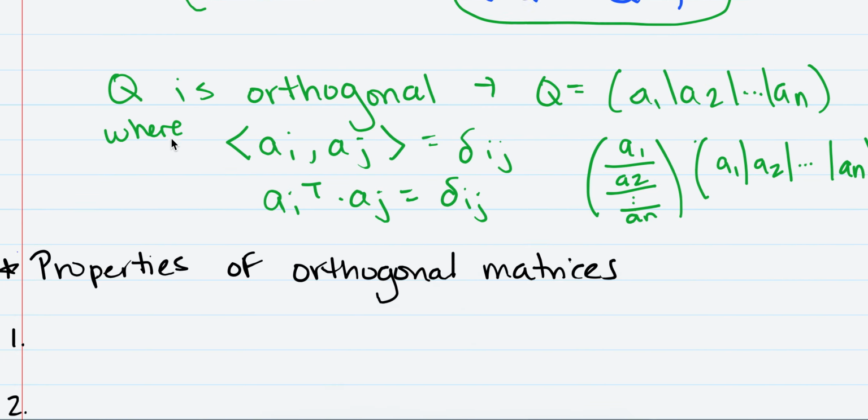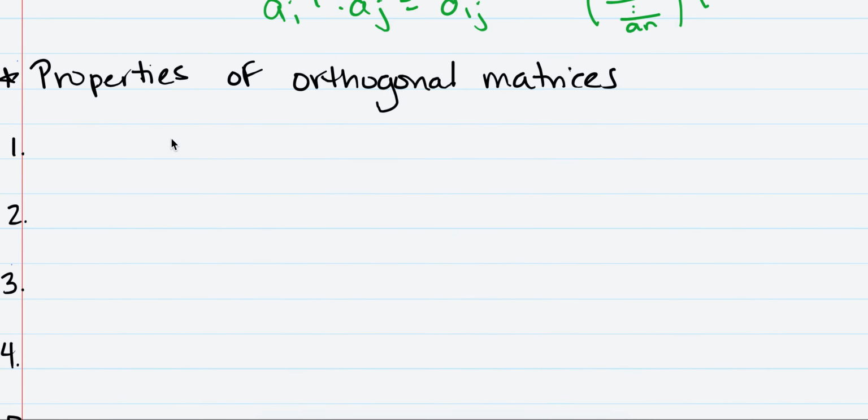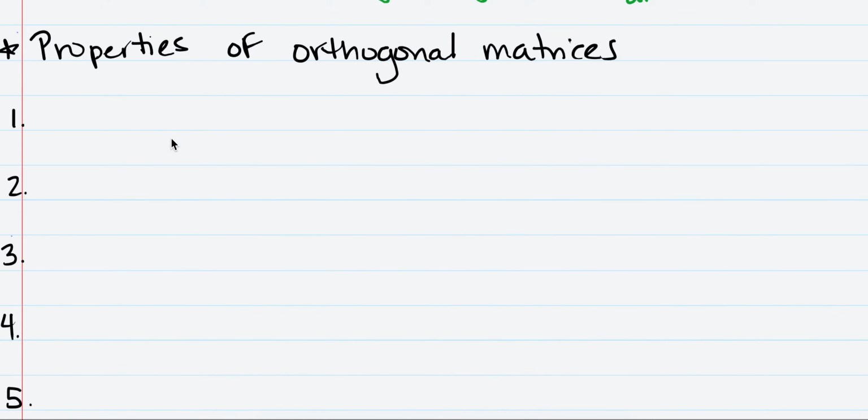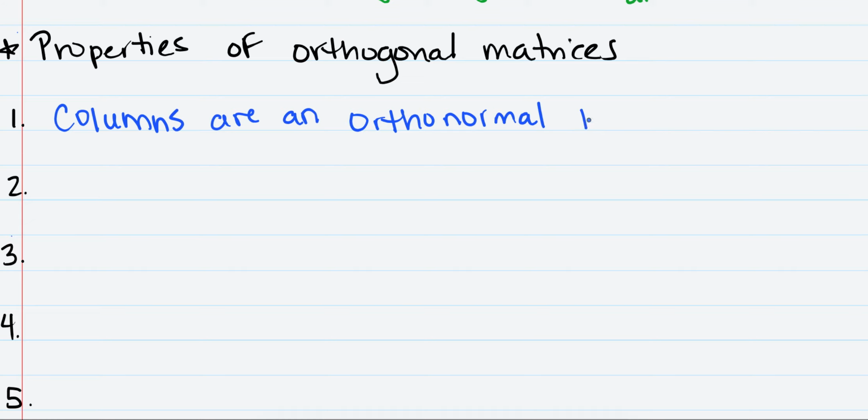So let's sum up the properties of orthogonal matrices. Again, an orthogonal matrix is a matrix, now this is an n by n matrix, whose column vectors form an orthonormal basis. So let's write that. The first thing is the columns are an orthonormal basis for Rn.